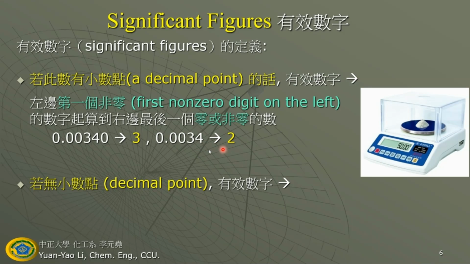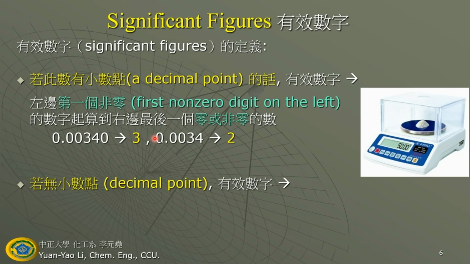So you might tell me, Professor, these two numbers tell me the same thing. Am I right? It's all 0.0034. But when you think of the weight, and you get this number from a balance, which one gets you more precision? Which balance is better?